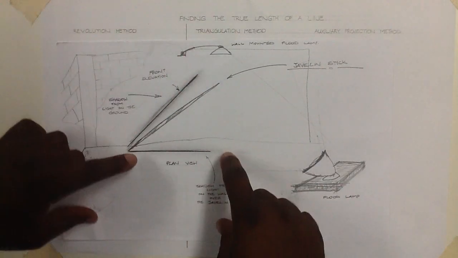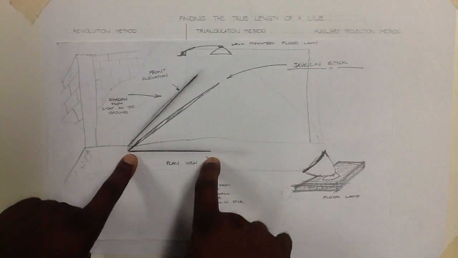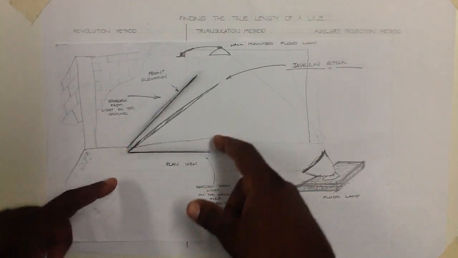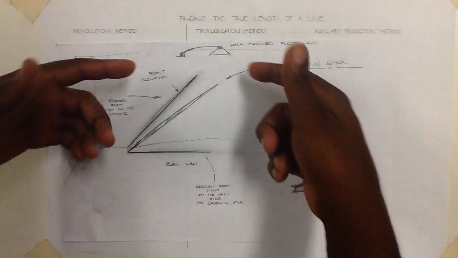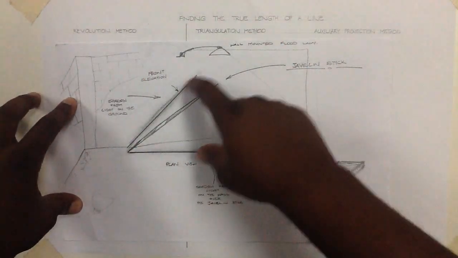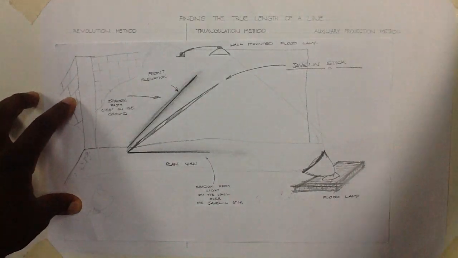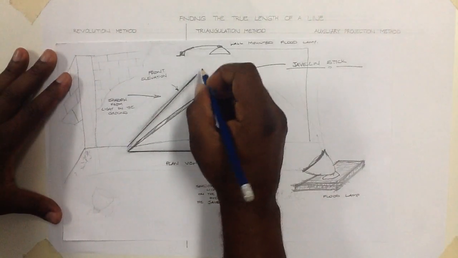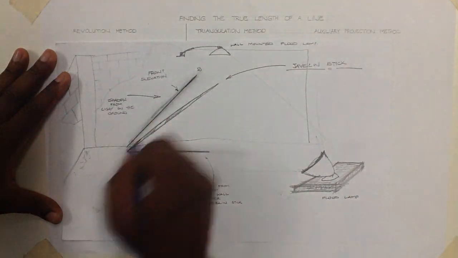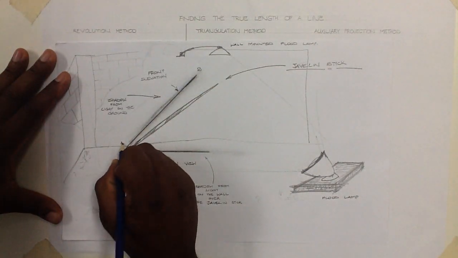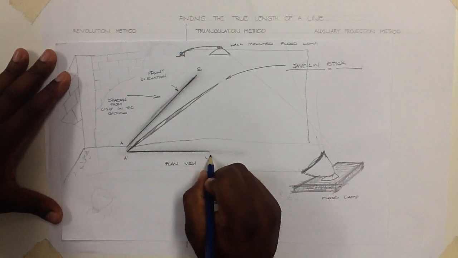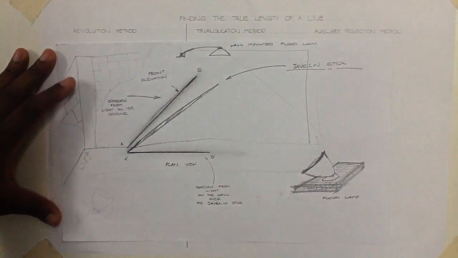These two shadows could be represented with a line. The angle of that line varies based on how the shadow appears. So we have two lines in this example, and we could label the top end of the line B, and the bottom end A. And in the plan view, A prime and B prime.